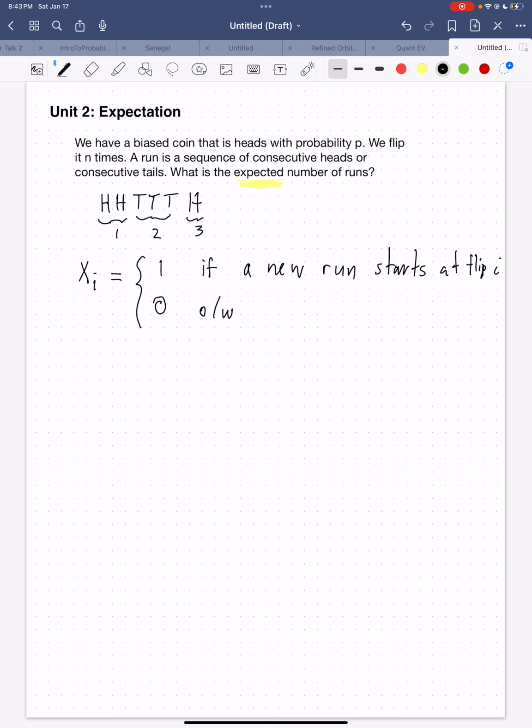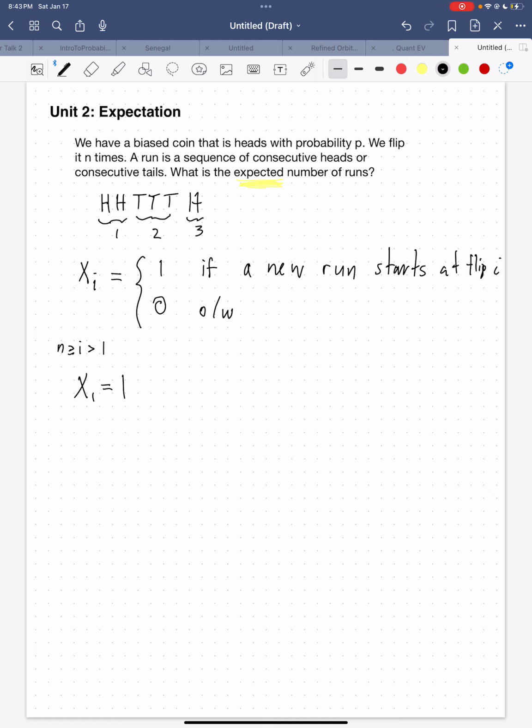So we have to be a little careful because this is a good definition. This is truly a random variable as long as i is at least 1 and at most n. But X1 is always 1 because the first flip will always start a new run.